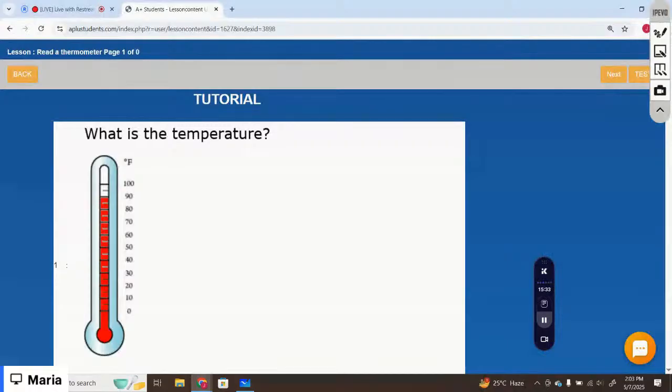Got it? So a thermometer is used to measure the temperature. So we are going to learn how we use a thermometer to measure the temperature, right?